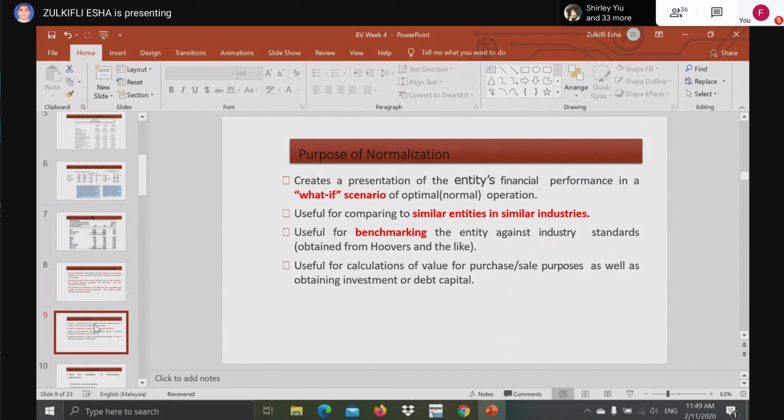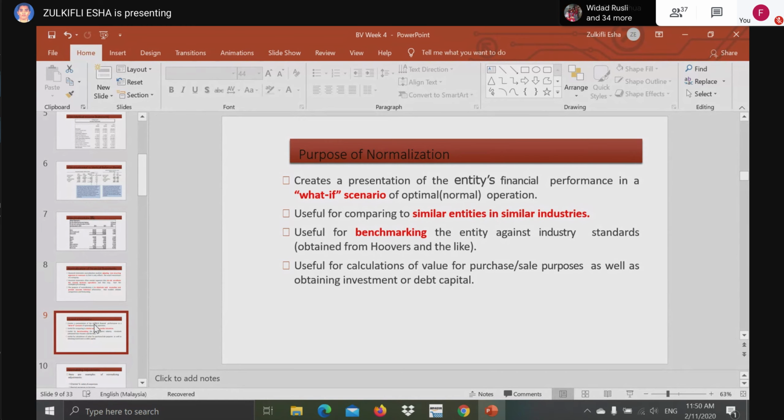So we may need to do the normalization in order to create the what if scenario. So the normalization is useful for comparing two similar entities in the similar industries.